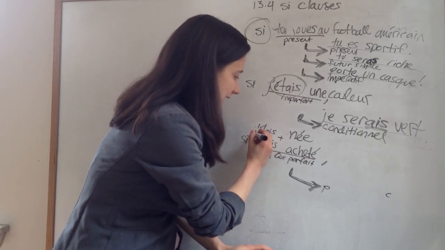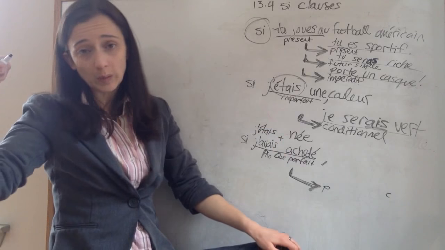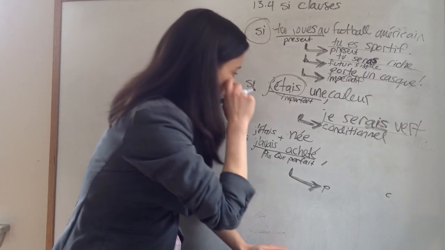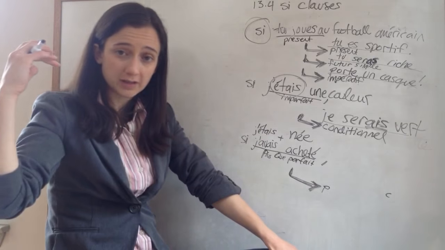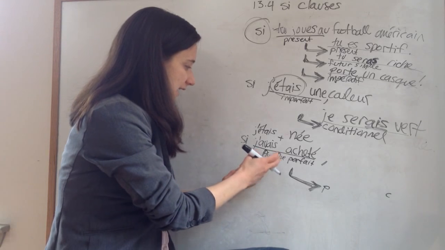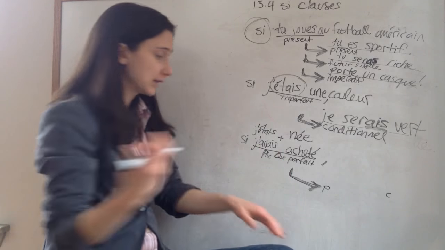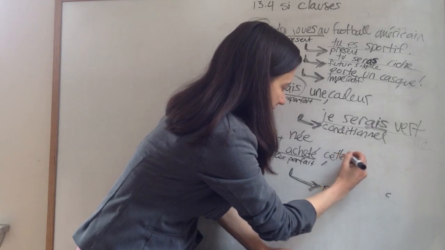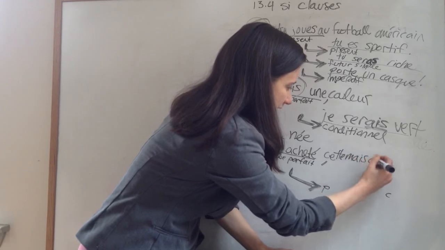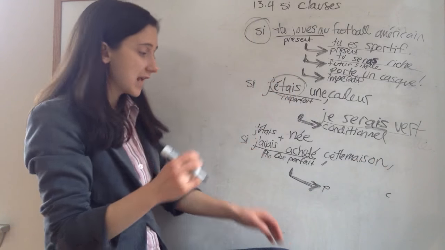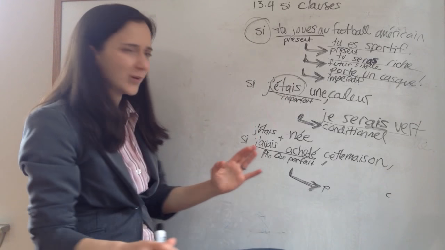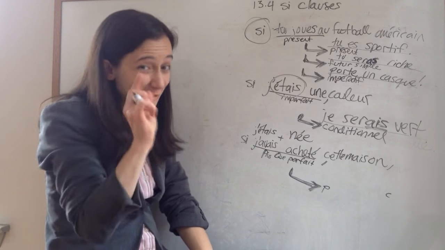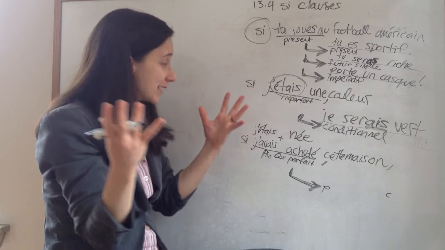So if I basically had been born in the 1800s, or again, if I had bought this house or that house, if I had bought that house, now that brings us to the really mind-bending part here.